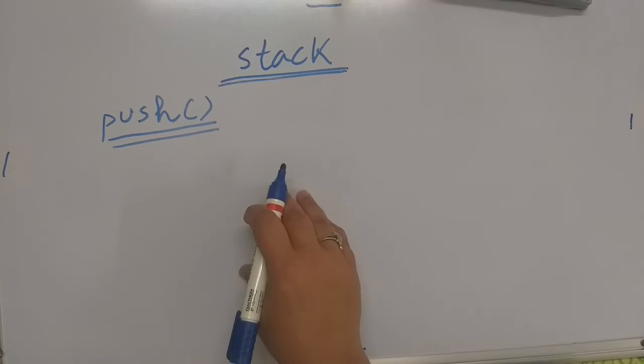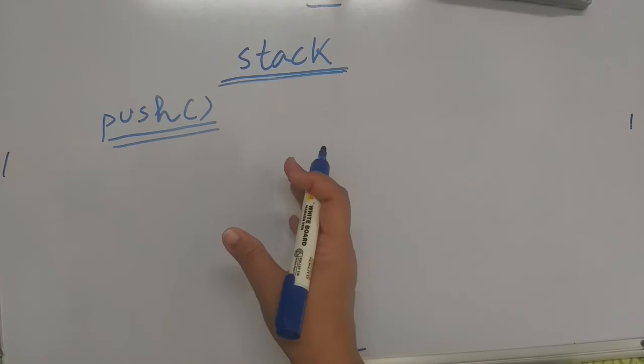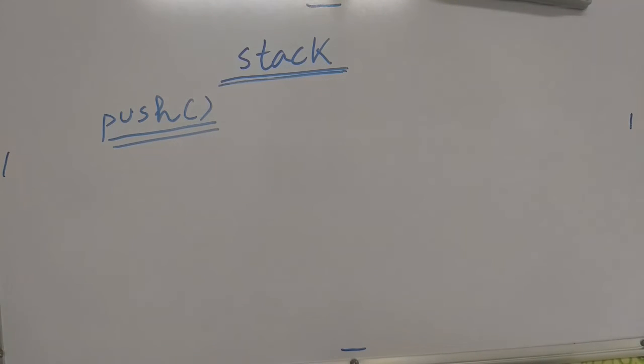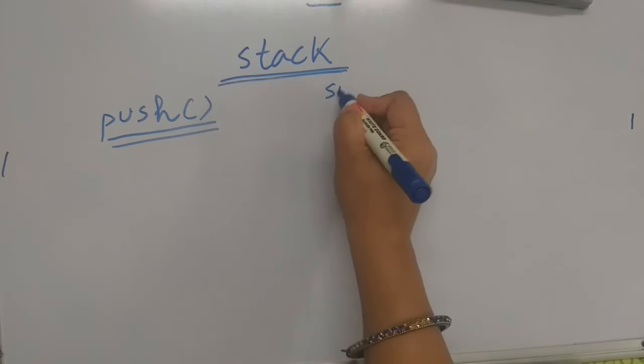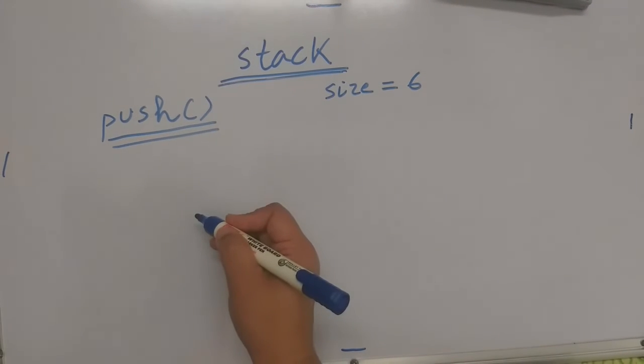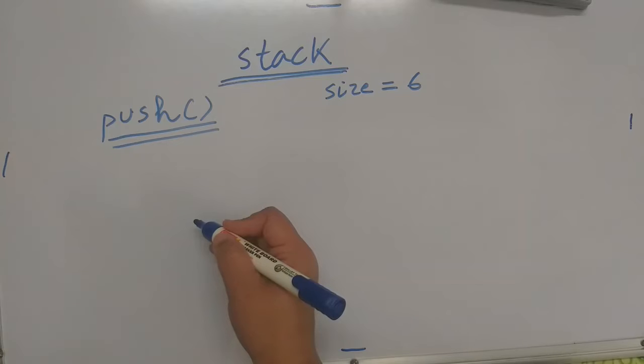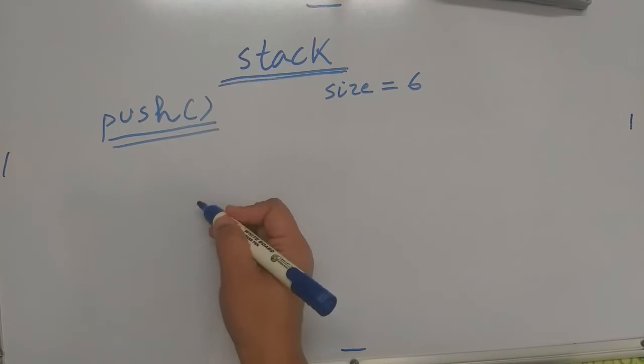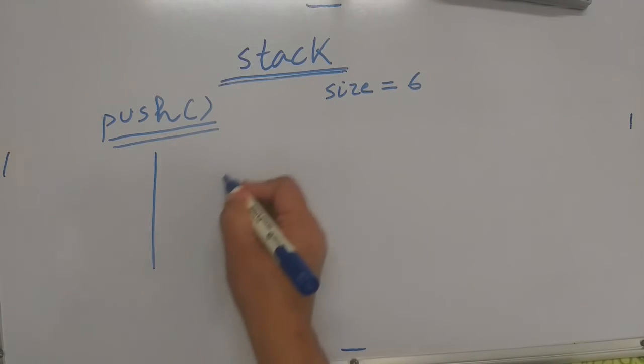The element we added. Push means we just insert one element into the stack. The size of the stack I have given is, suppose, 6, so the maximum it can take is 6 elements. Suppose this is one stack.